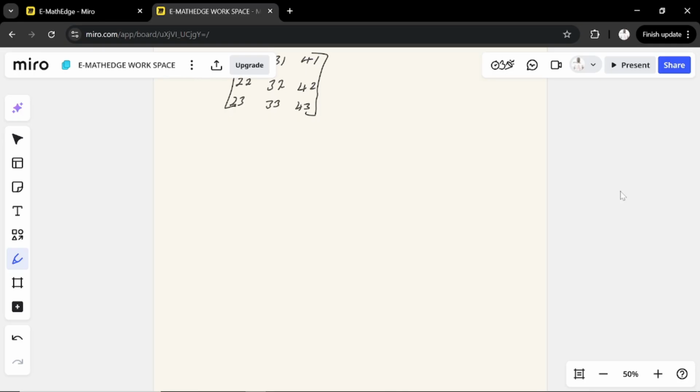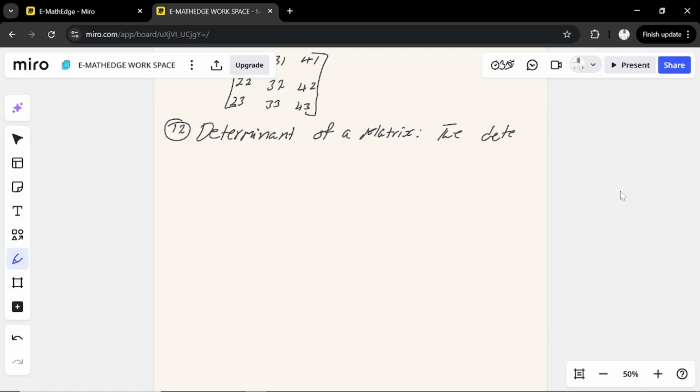So the next terminology we are going to be looking at is the determinant of a matrix. Now, what is the determinant of a matrix?